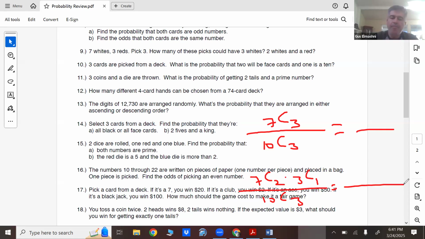Let's work that out. Yeah, so those are your probabilities right there.